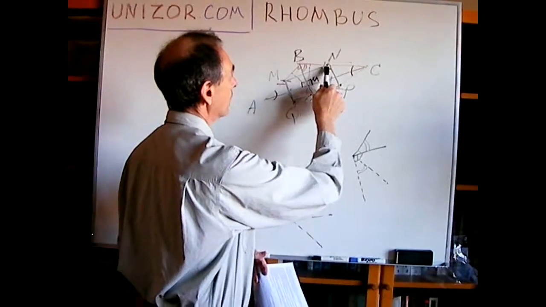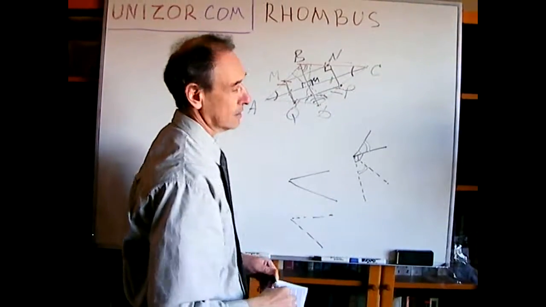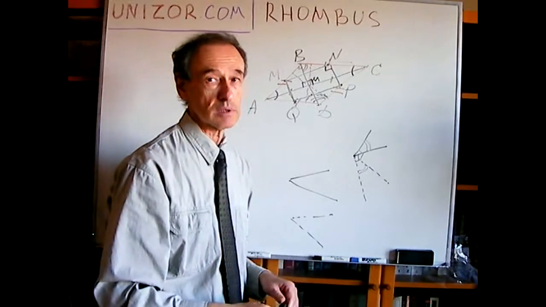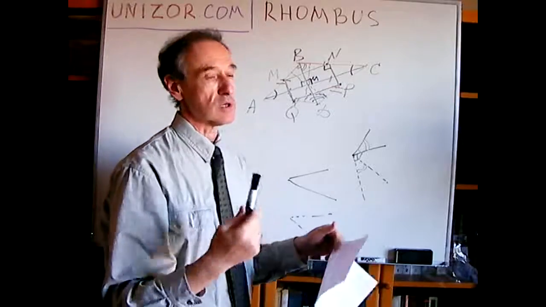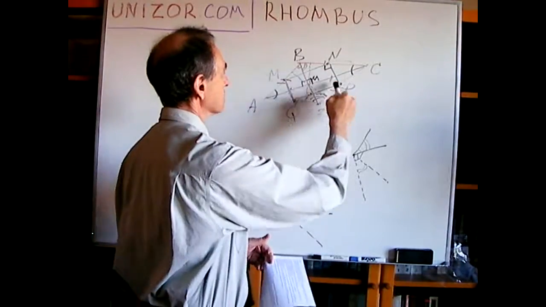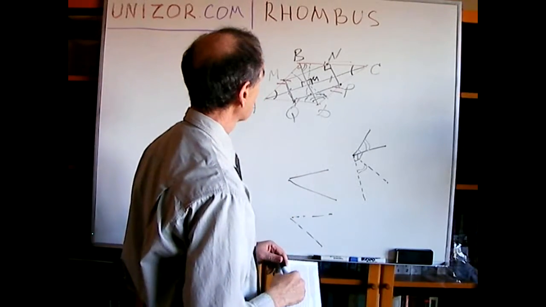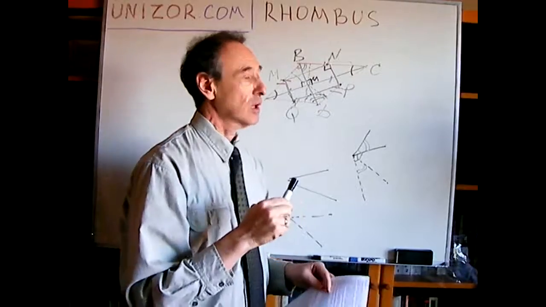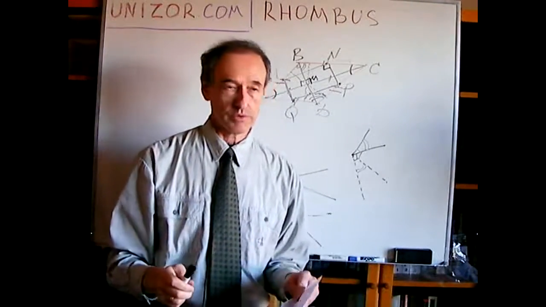And since it's a parallelogram, then the next angle, which is supposed to be supplemental, is also 90 degrees, and this is 90 degrees, and this is 90 degrees, so all of them are right angles, and that's why this is a rectangle. And that actually concludes all the specific properties of the rhombus, which I wanted to go through.